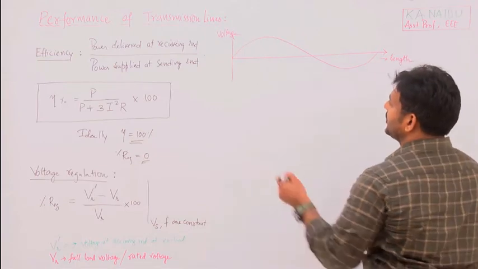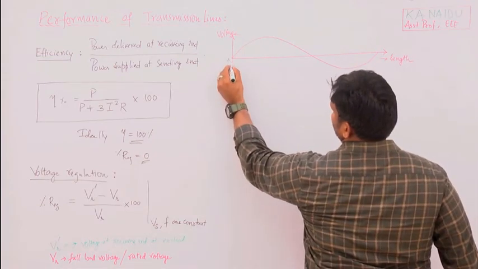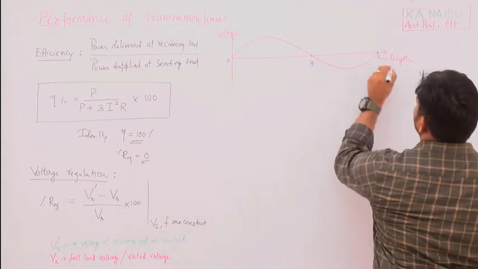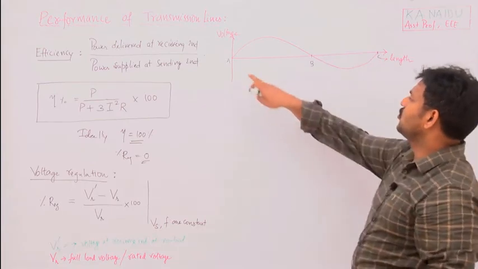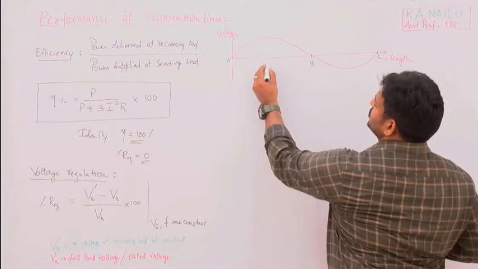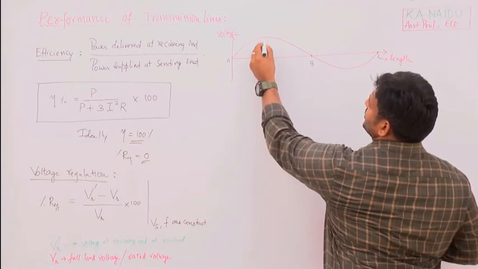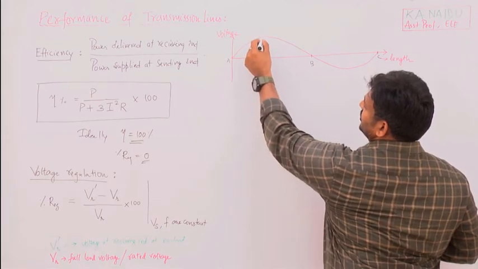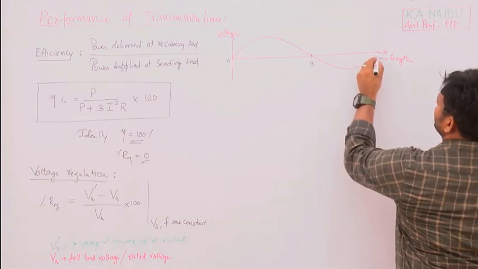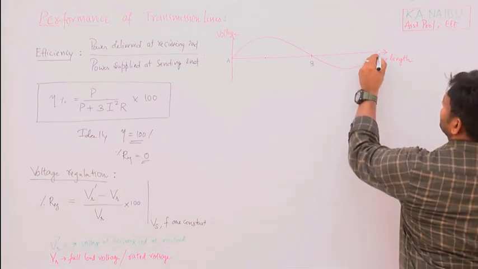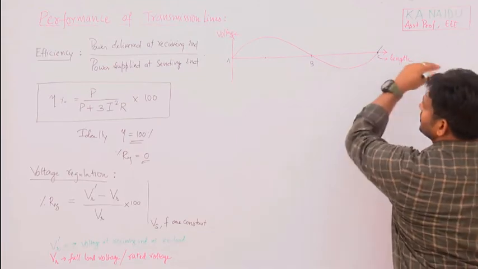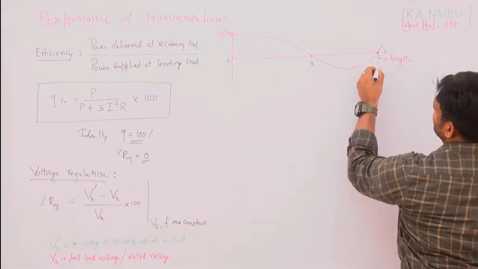The voltage at any point, suppose this is point A, this is point B, and this is point C. So the voltage at point A will not be the same at any point. Suppose you take a point along the length of the line, here the variation in the voltage is more. It will attain the same voltage again at point C, and again here the voltage will start rising. Okay. So this wave will propagate along the length of the conductor.